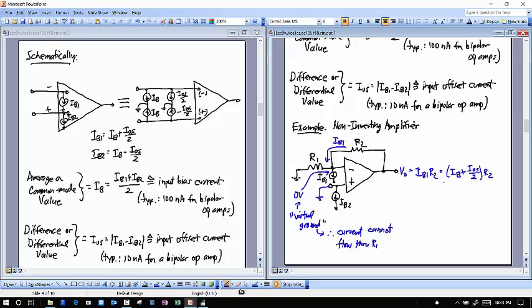Okay, and so of course this is not zero, and that is an effect of this input bias current. So depending on how big R2 is, I could have a pretty good offset voltage V0 due to this current IB1 flowing into the negative terminal. Okay, so that may be an effect that I don't like.